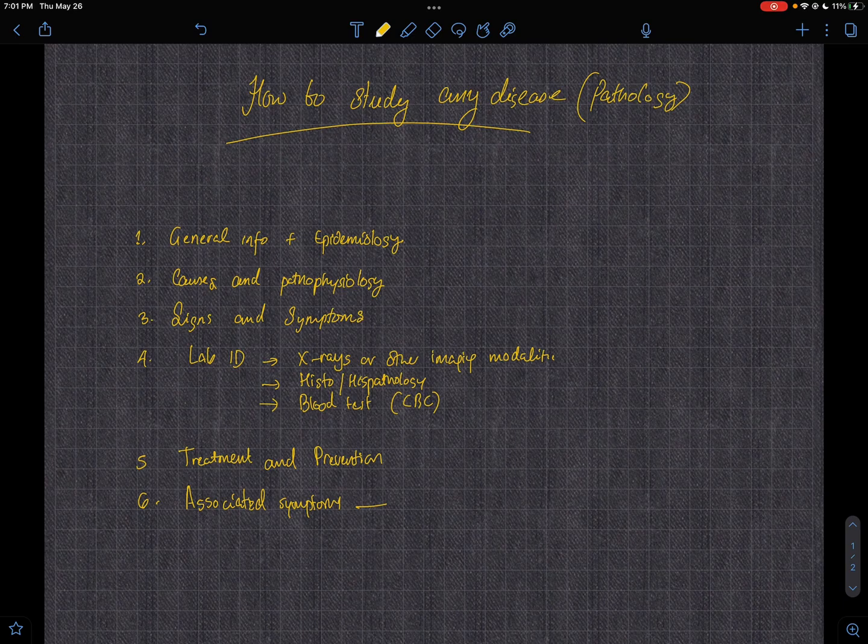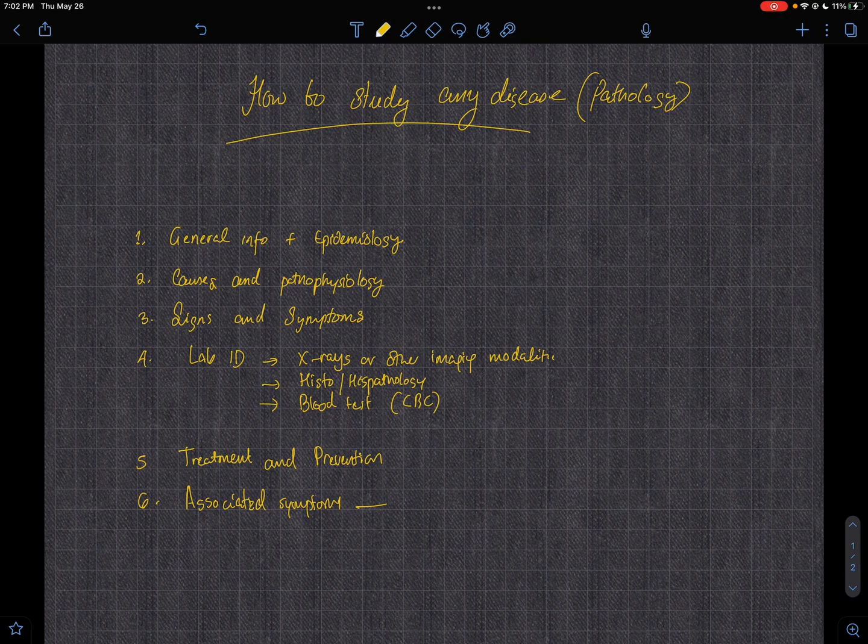Number 6 is not that important, but still we have some associated symptoms, or associated problems or diseases. For example, often hypertension would have an associated obesity, or diabetes mellitus or something like that, associated symptoms that may or may not be related to the disease itself. So it's important to remember those things.